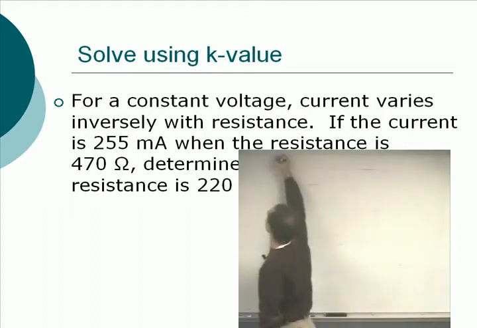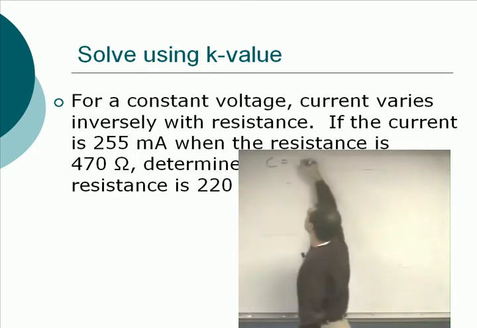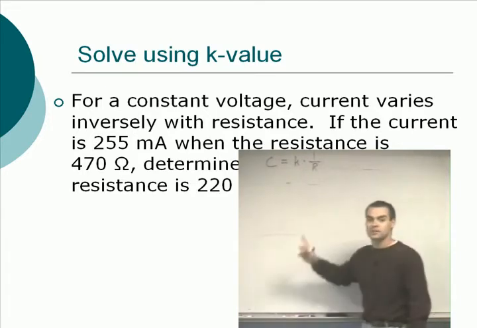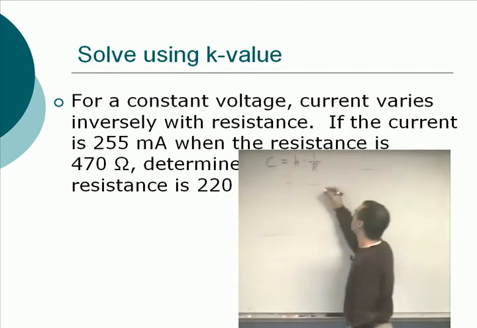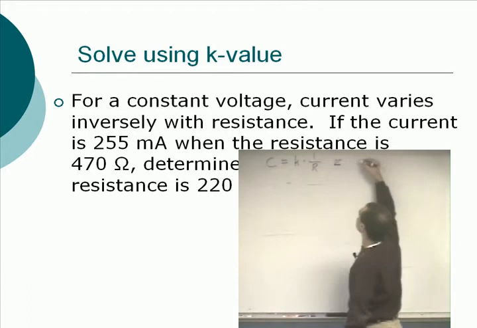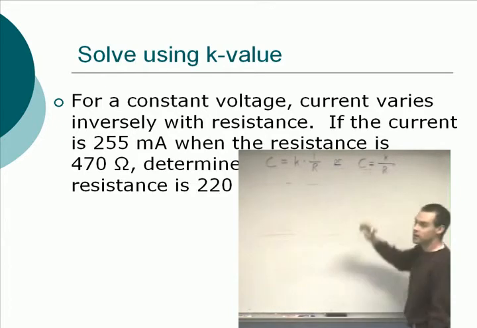The current is inversely proportional, so we say that it's K times 1 over the resistance. We take the reciprocal of the second one if they're inversely related. Or, more simply, we just write C is equal to K, not times R anymore, but divided by R. And that's our new relationship.